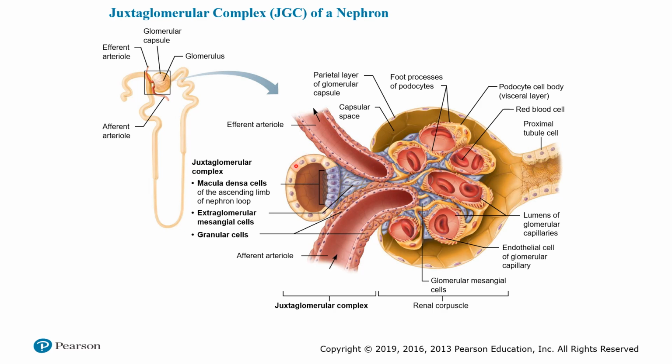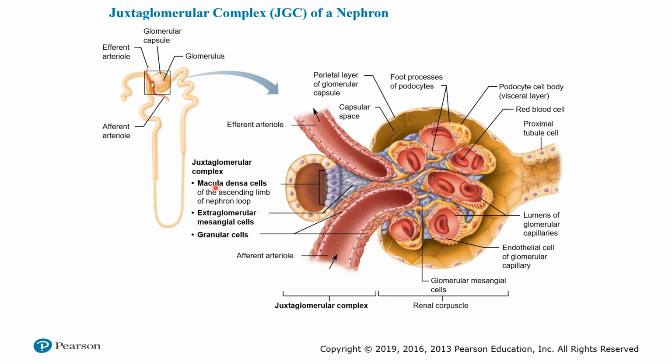It is coming up over here, and it is in close proximity to the glomerulus, juxtaglomerular, because this complex is here, and this is the afferent arteriole. Now these cells which are in contact with this portion have specialized, and they are tall specialized cells.